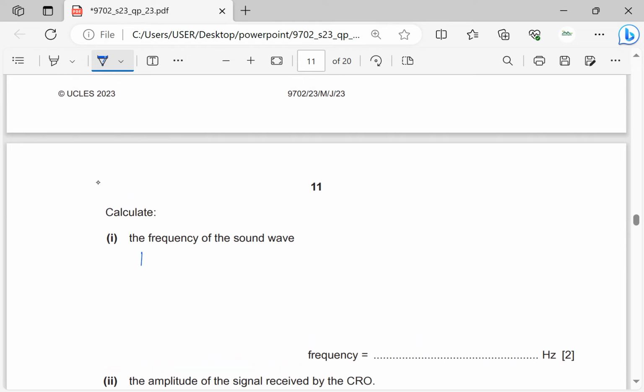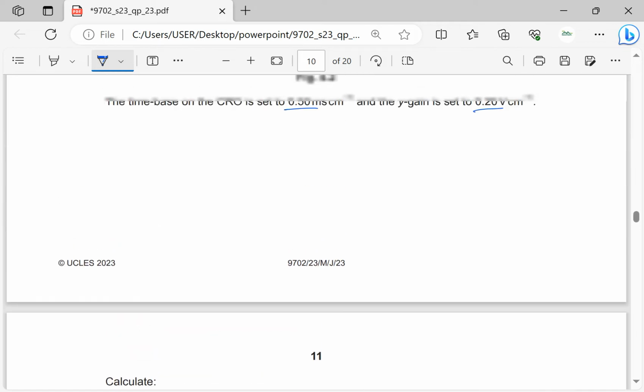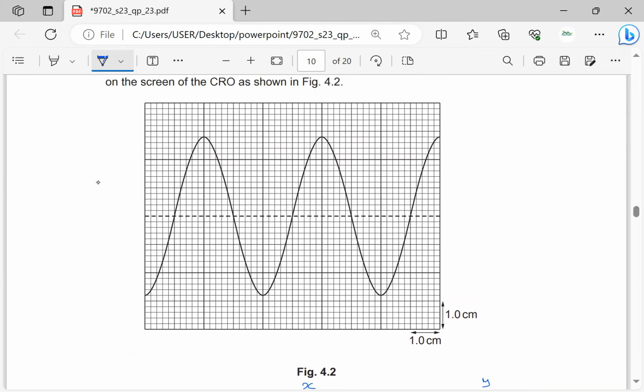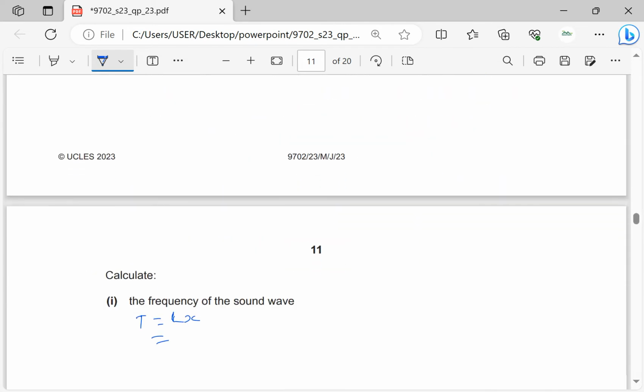First of all, we shall find the period from the length representing the cycle times the time base setting. Which length represents the cycle from the graph? If we start from here, one cycle stops here. This is 1, 2, 3, 4 centimeters. So L is 4 centimeters.